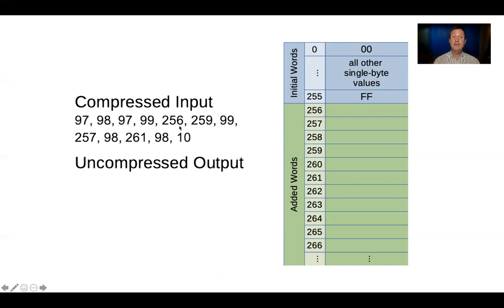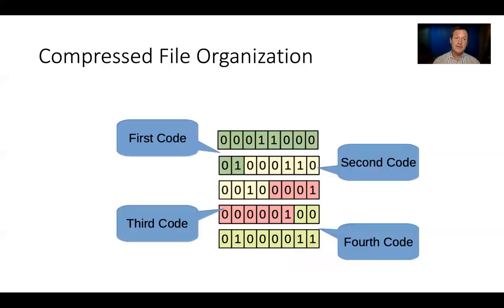Otherwise, we're not going to know what to do with them. And we should be able to do that. So let's give it a try. If you're the decompressor, your first code is 97, and you start out with the same 256 dictionary entries for free. So 97 is already in your dictionary.